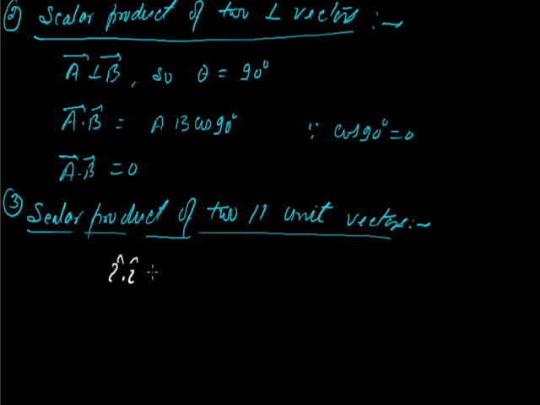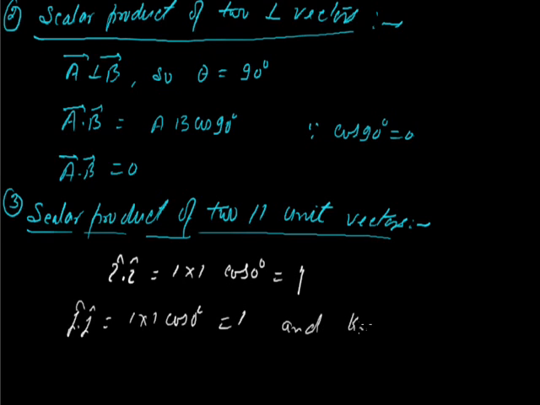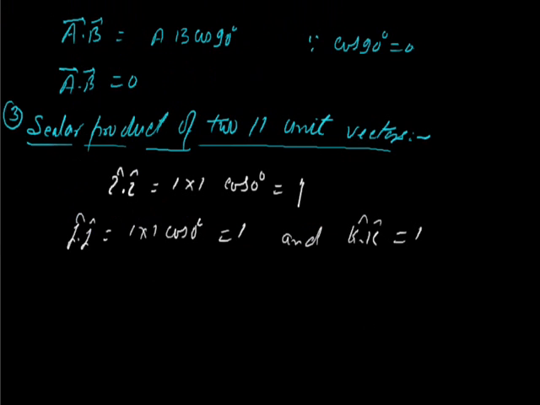I dot i will be 1, magnitude of i cap into 1 into cos of angle between i and i, which is 0 degree, that will be 1. Same j dot j will be 1 into cos of 0 degree, that's also 1, and k dot k is also 1. It means i dot i, j dot j, k dot k, all are 1.